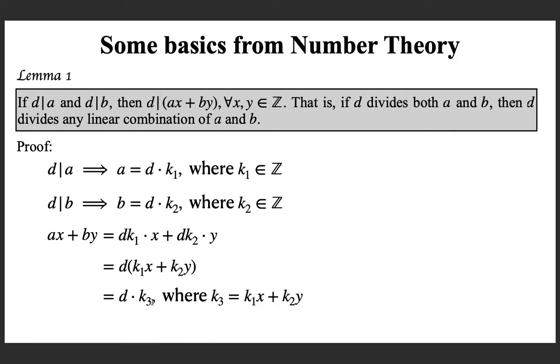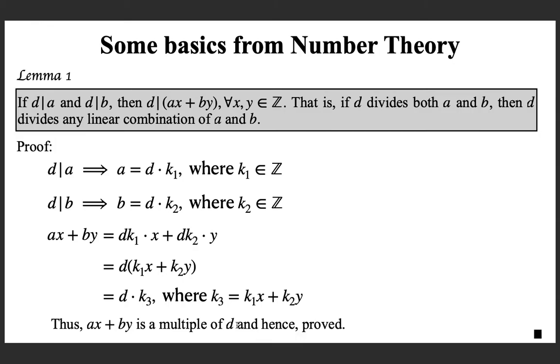So d multiplied by k3. So you are writing ax plus by as d multiplied by k3. Then from divisibility we know that d is a divisor of ax plus by, or ax plus by is a multiple of d, and hence proved.